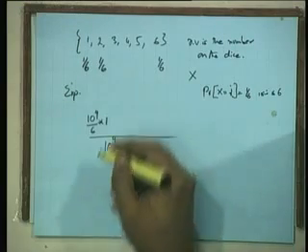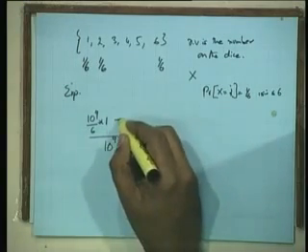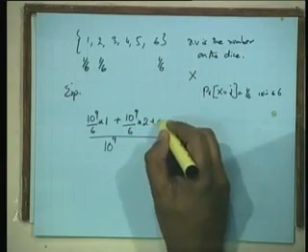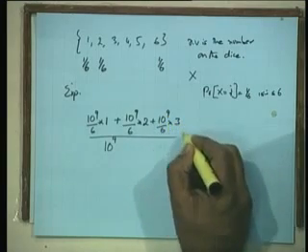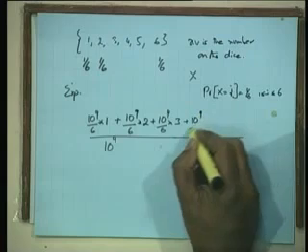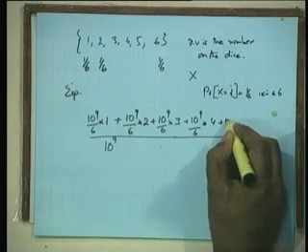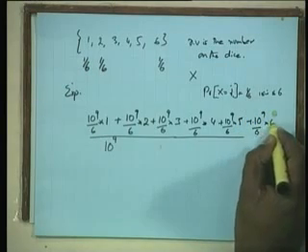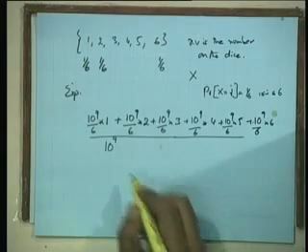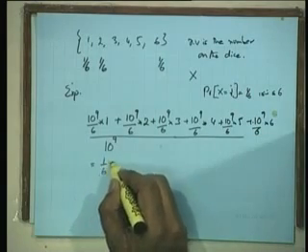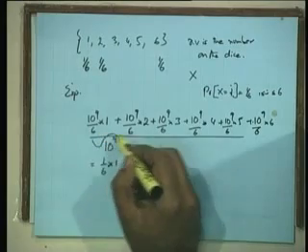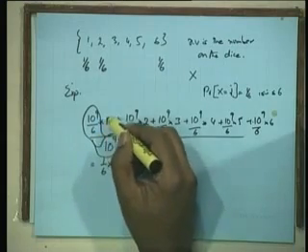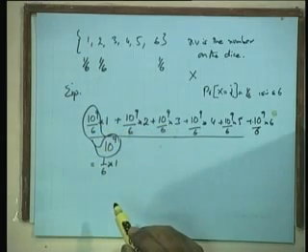If I am looking at the sum of the outcomes, this will be one sum. How many times do you see a 2? How many times do you see a 3? And so on. Let me just complete this. Which is exactly the same as saying 1 by 6 into 1. This quantity here, what is this quantity? This is just the probability of the event that x equals 1.